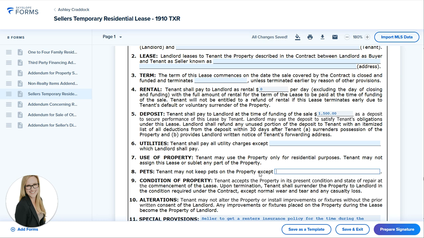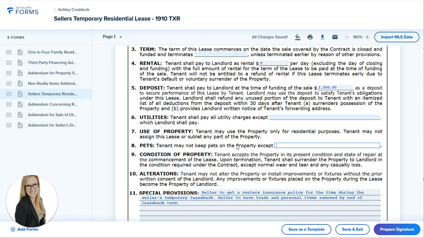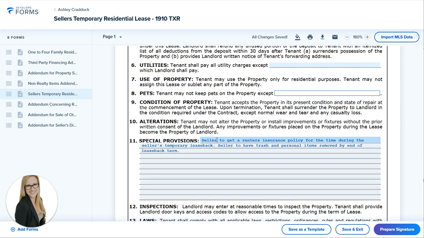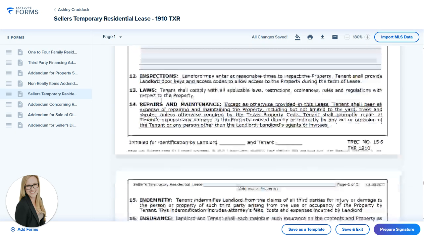You know, you don't necessarily know what all the pets are that the seller has, but presumably they'll want to keep the pets that they already had for a couple extra days while they're there. And then I do require that the seller gets renter's insurance during that time because the new landlord has a homeowner's policy that will protect the house itself as far as a hailstorm or a fire, but the tenant's personal property would not be protected. And then I also want to make sure the expectation is that the seller is going to remove trash and personal items.